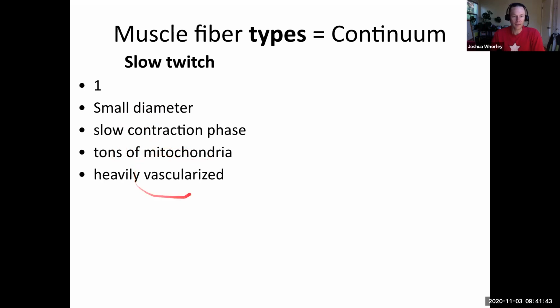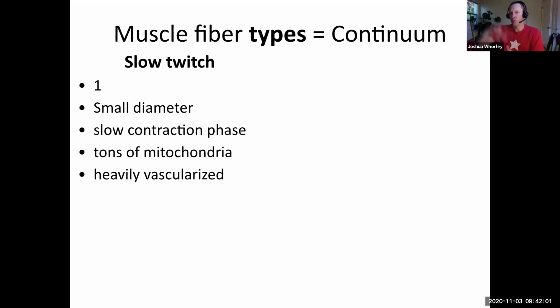They are heavily vascularized. So this is, again, a microscopic level, but at the level of the whole cell, because you remember the places where we see vascularization within a whole muscle is in two different layers of connective tissue.